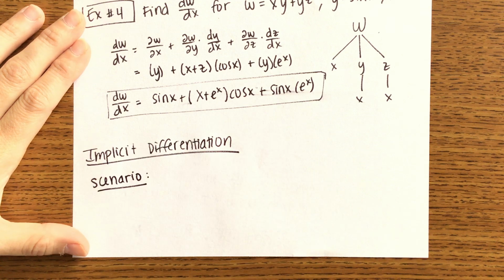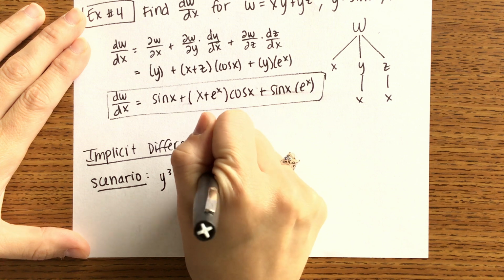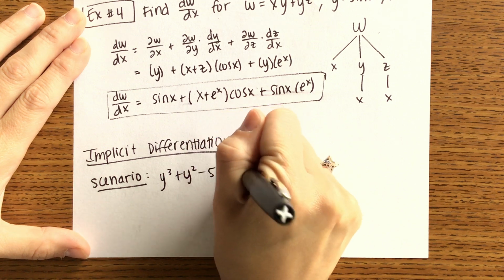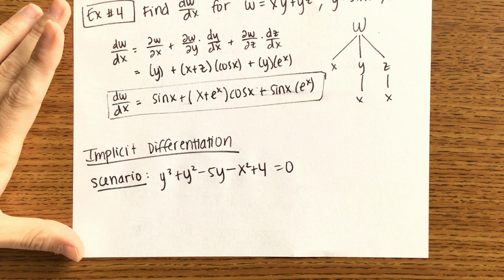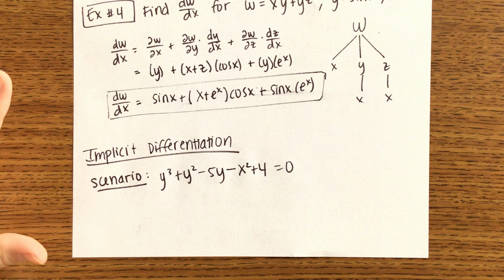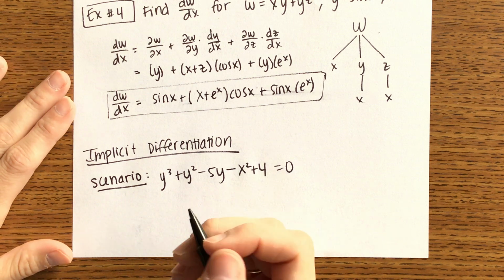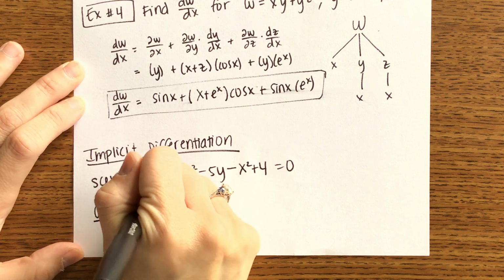Okay, let's consider the following equation: y cubed plus y squared minus 5y minus x squared plus 4. This you've done before. So the goal, in this case, was to find dy/dx.